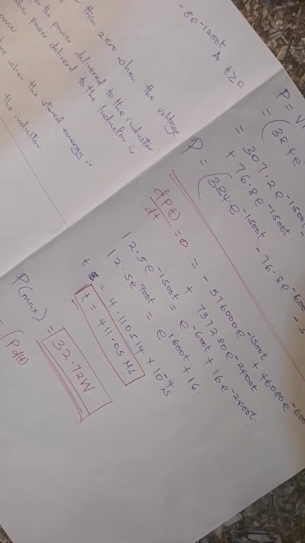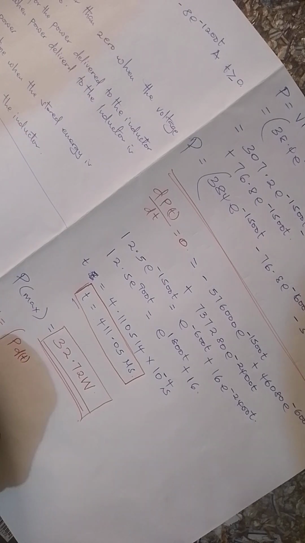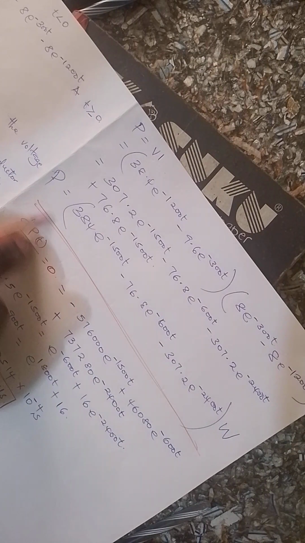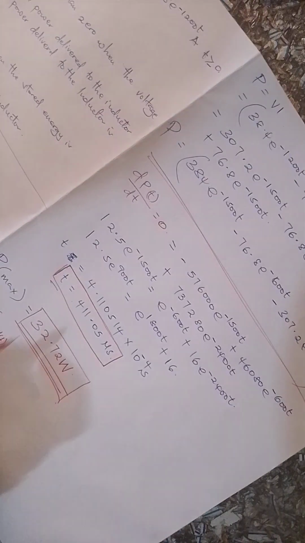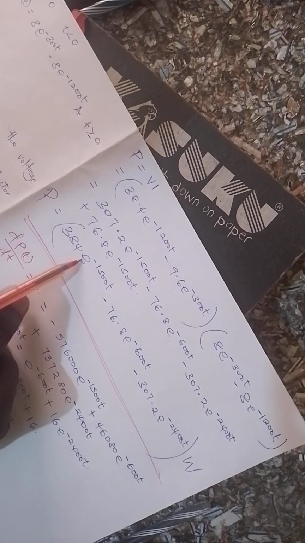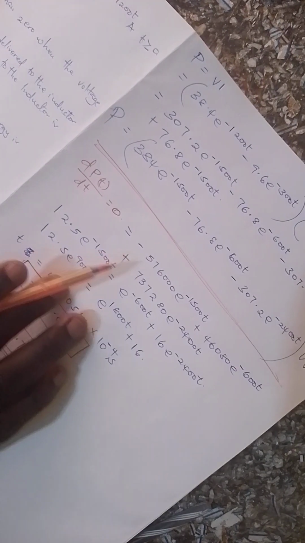By integrating power, this being the equation of power, through integration we will have 384 divided by this, and so on.